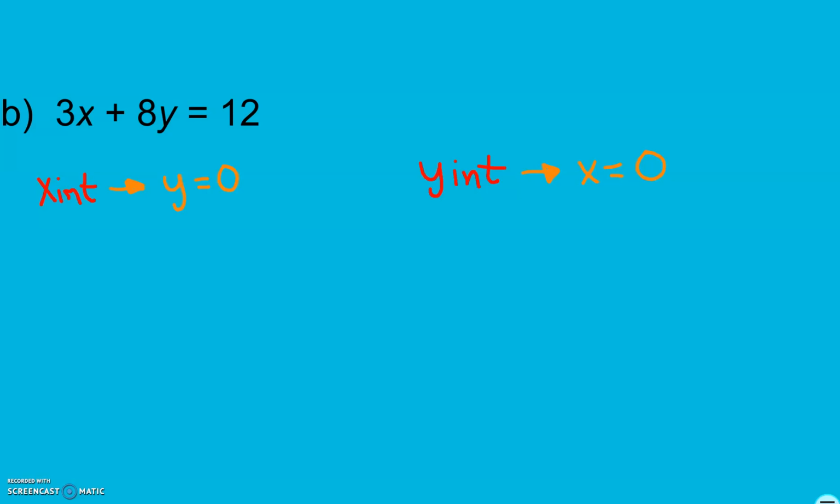So I plug those values into my functions. Here we said y is actually 0 at my intercept. And here we said x is 0 to make a y-intercept.